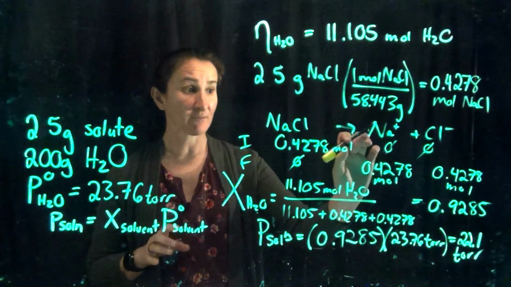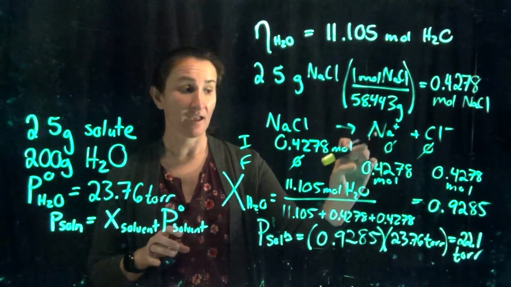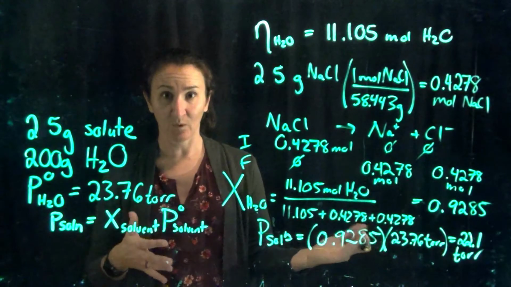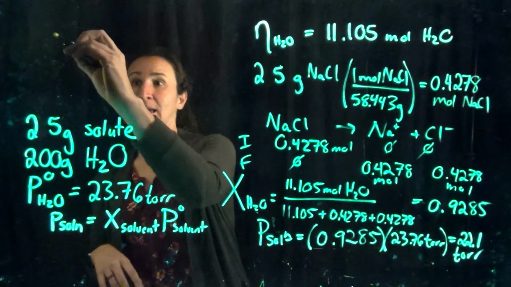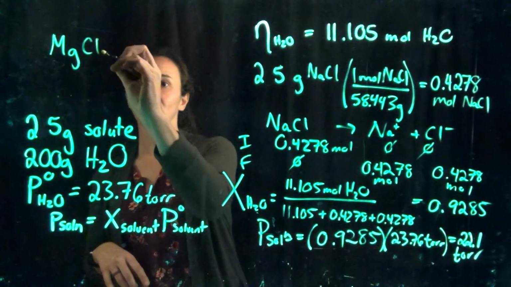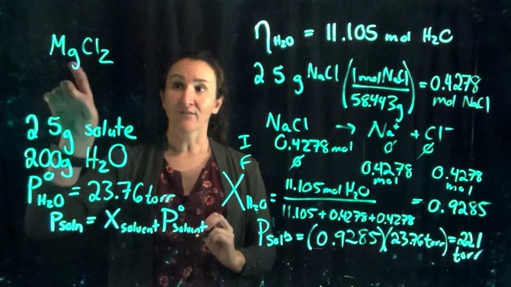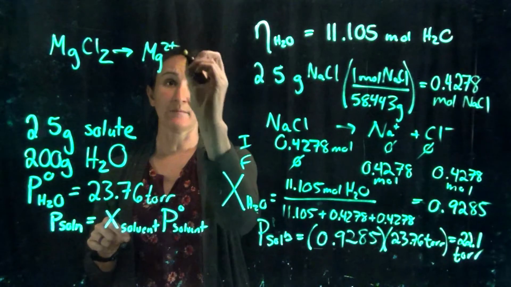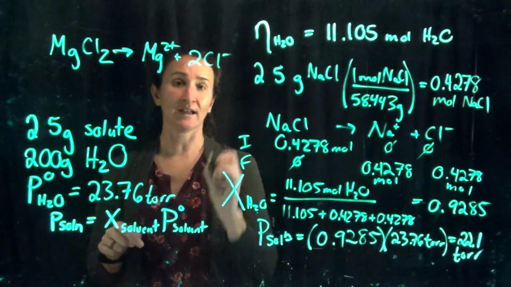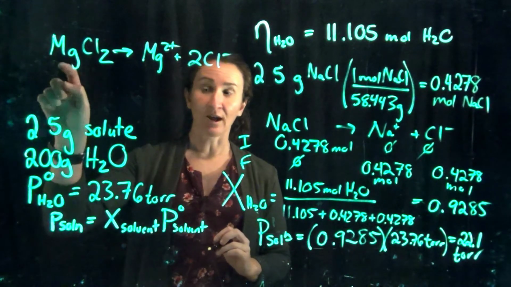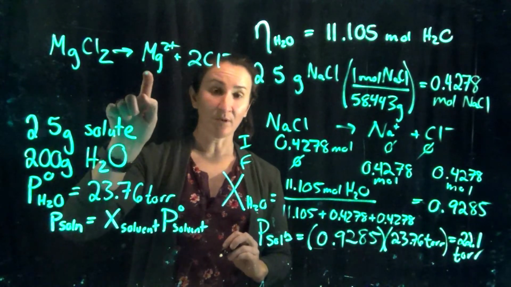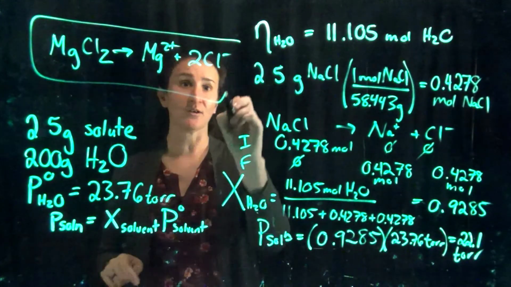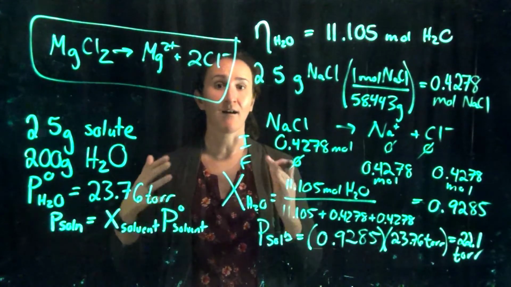If you have something that's 2 sodiums, then you need to multiply this by 2, 3 chlorines, etc. So if you have something like magnesium chloride, every time this breaks apart, it produces 1 magnesium and 2 chloride ions, which means if you start out with 1 mole here, you're going to have 1 mole of magnesium and 2 moles of chlorine. You must take that into account whenever you are looking at ionic compounds.